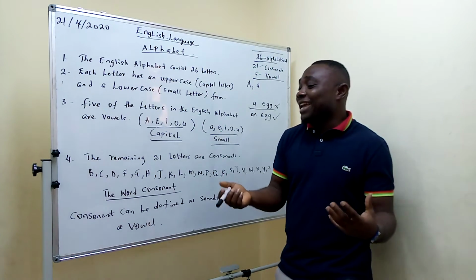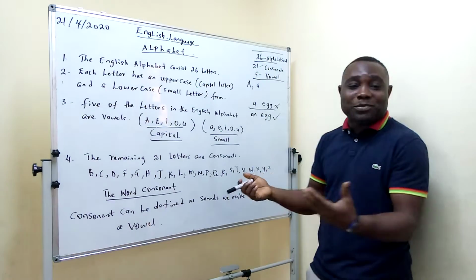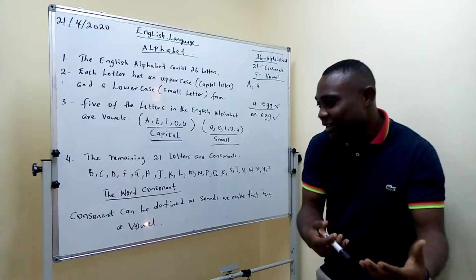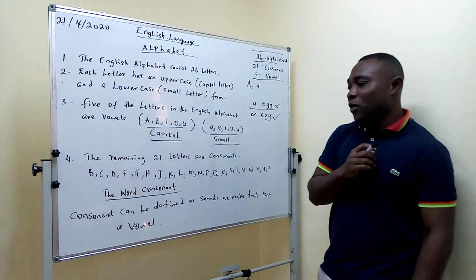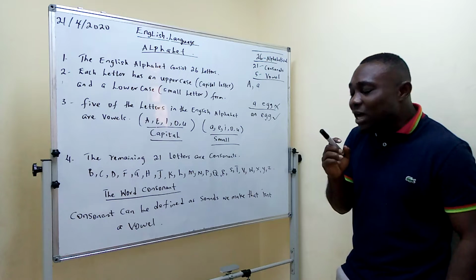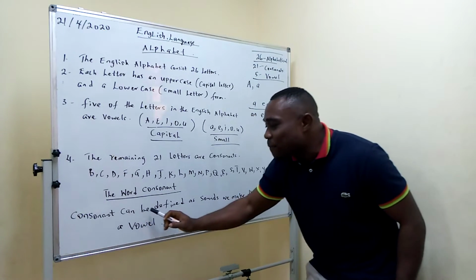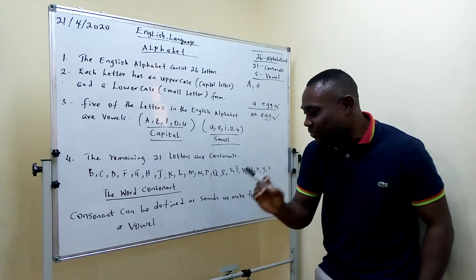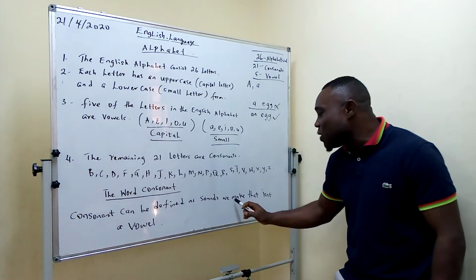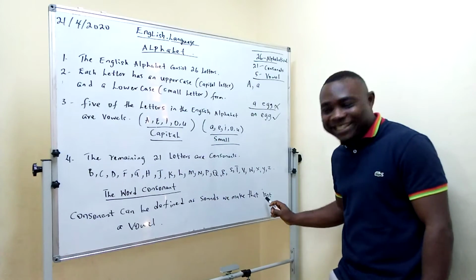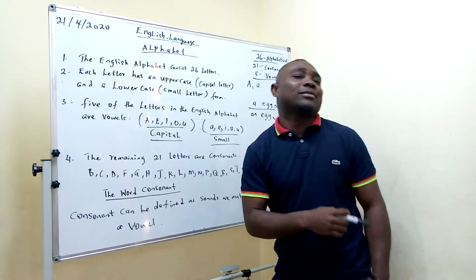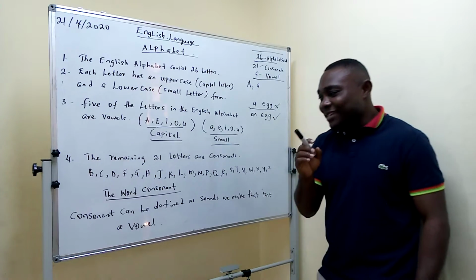You don't say, "I've only heard about the word consonant, but I don't know the meaning." Instead, simply tell the person, consonants can be best defined as sounds we make that aren't vowels.